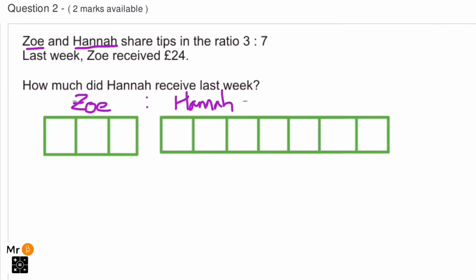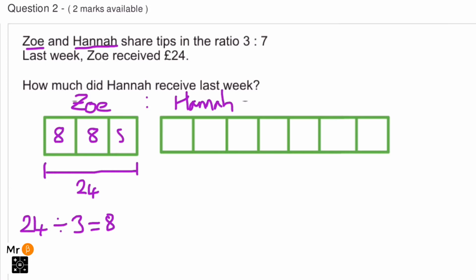So as Zoe's mentioned first, she has the ratio 3, and we are told that she receives 24 pounds. So we know that that 24 pounds has been shared equally between these 3 boxes. So therefore each box must be worth 8 pounds.